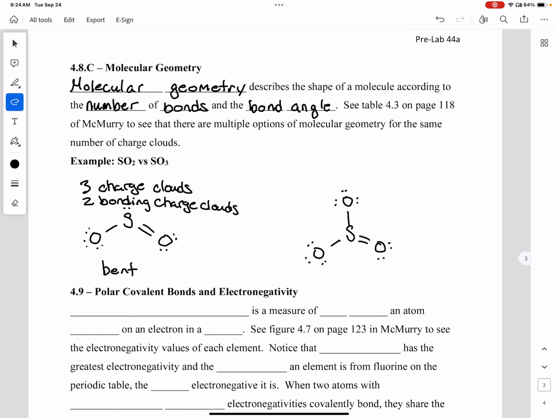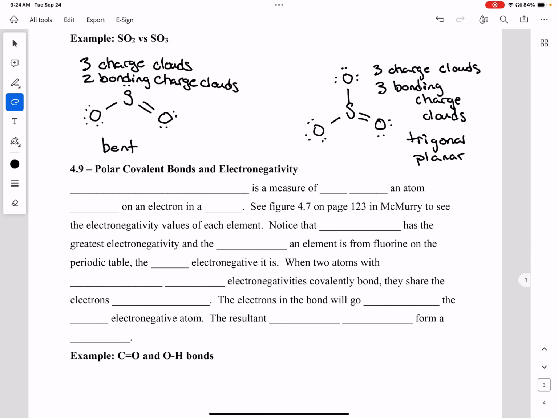Okay, and so that also has three charge clouds, but all three of those are bonding. And so this would be called trigonal planar, a flat triangle.